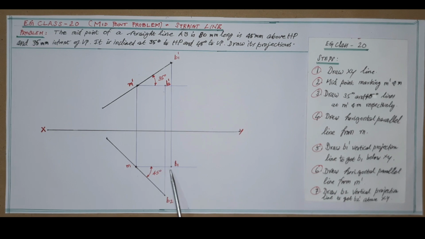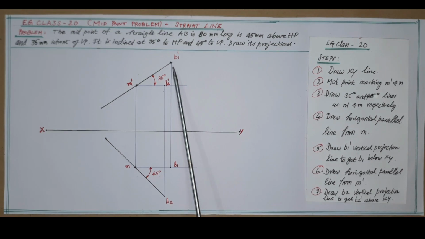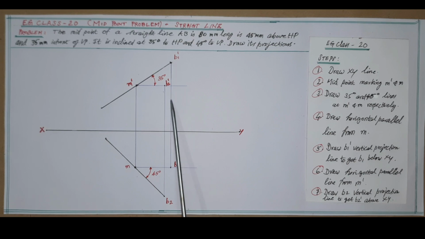Since it is inclined to HP only and assumed parallel to VP, draw the horizontal line from M as shown. Then to get the point B1, as per step 5, the vertical projection line drawn from B1 dash up to and below XY meets the horizontal line, and mark it as B1 as shown. This B1 is the imaginary position of original image B.